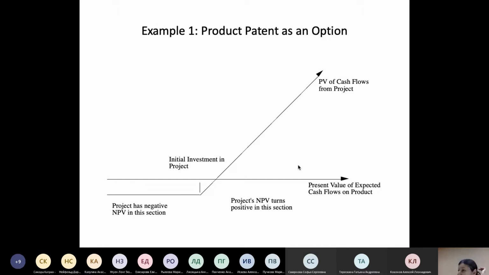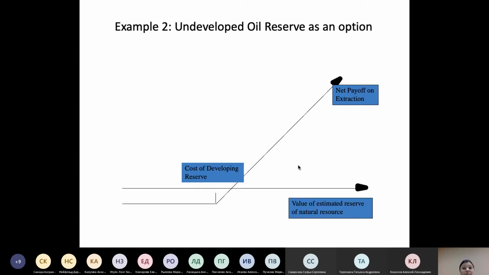And for example, different payments for our patents, the value of our patent, can be named the real option premium in this case.